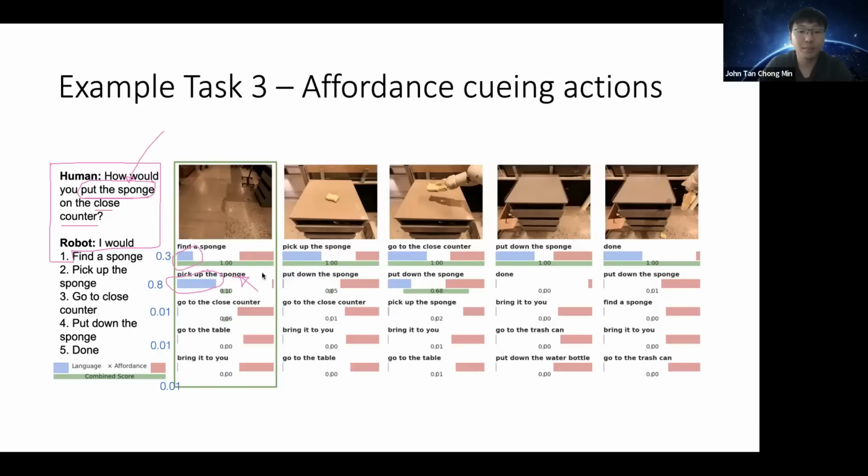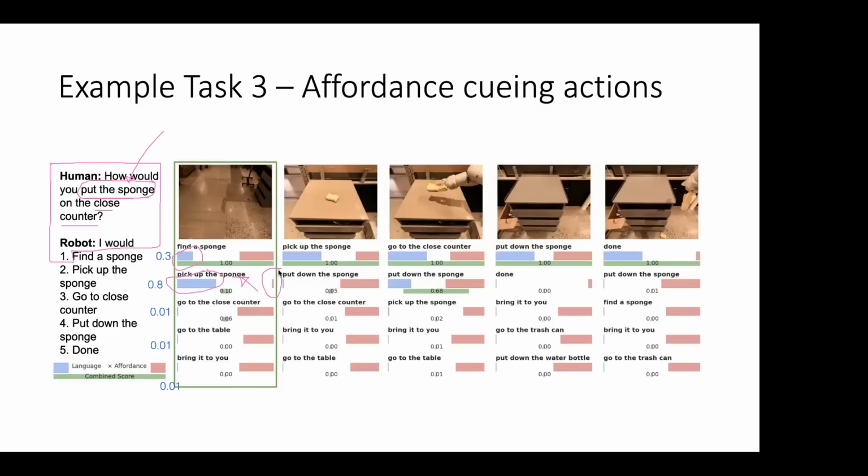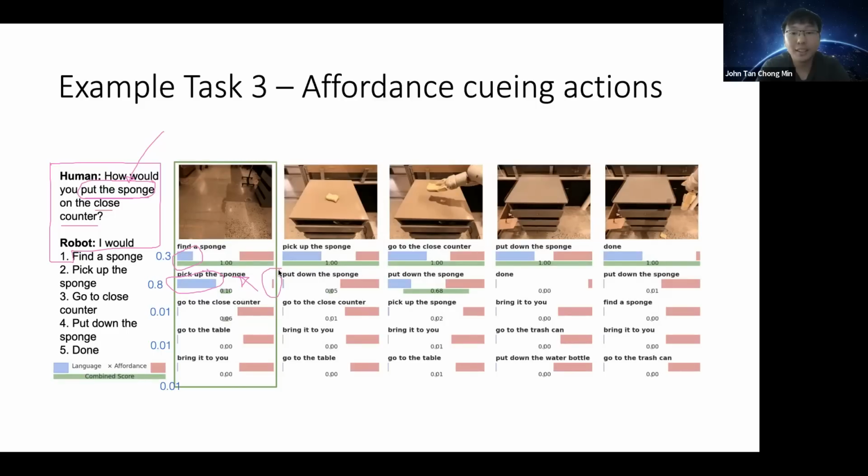Like over here, you can see this kind of cues the model to tell it that you shouldn't do this action. I see. Okay. Yeah. So I'm glad that's clear. So that's why there's a need for both of them. But I think this affordance could be done better. All right. We can discuss more about this later towards the end.